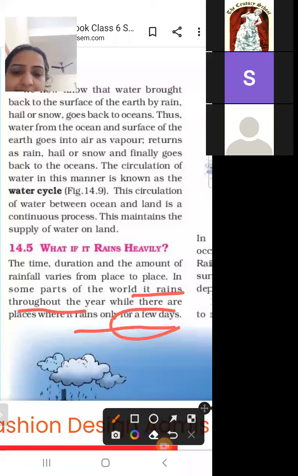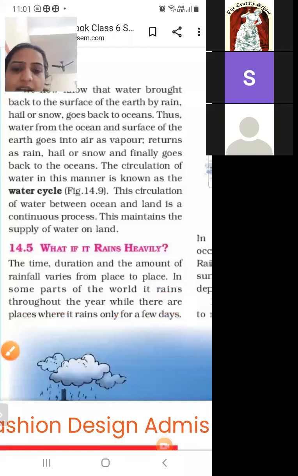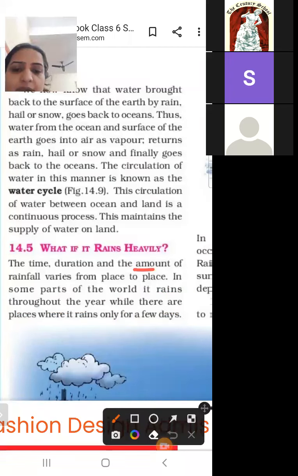So the amount of rainfall depends on the place. In some areas there is a little amount of rain, and in some areas there is an excess of rain.